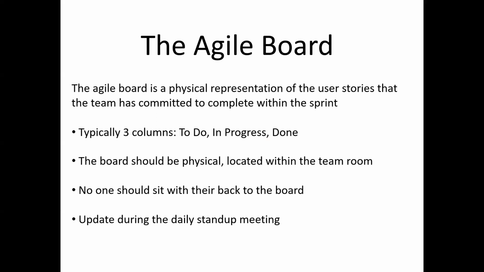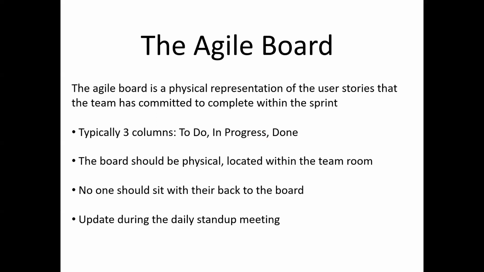As I mentioned earlier, during the daily stand-up meeting, where each member of the Agile team provides their status, the Agile board is also updated at the same time. For example, yesterday one of the stories was in progress, which means it was testing in progress. Now this is done.